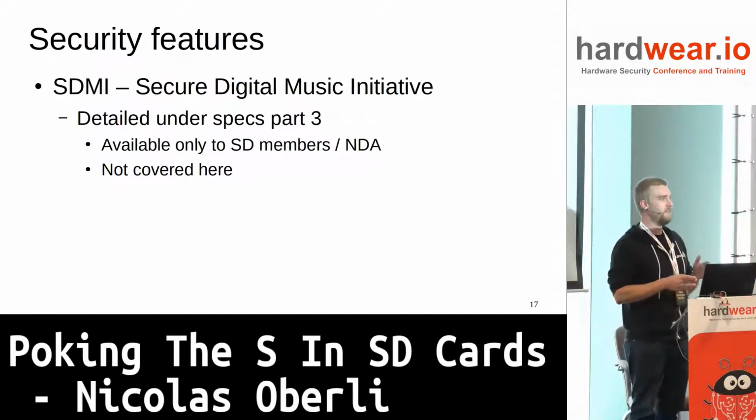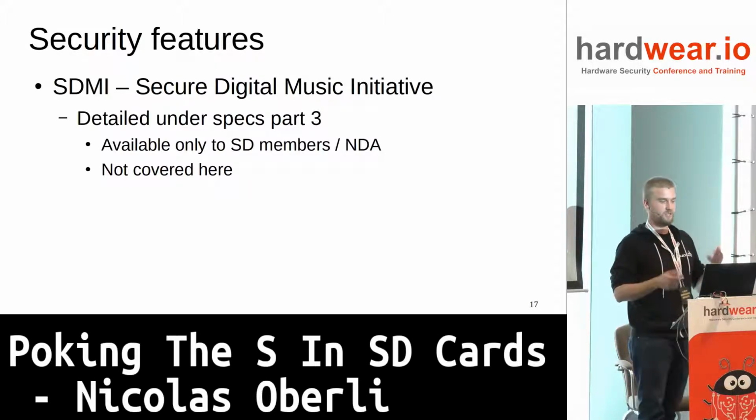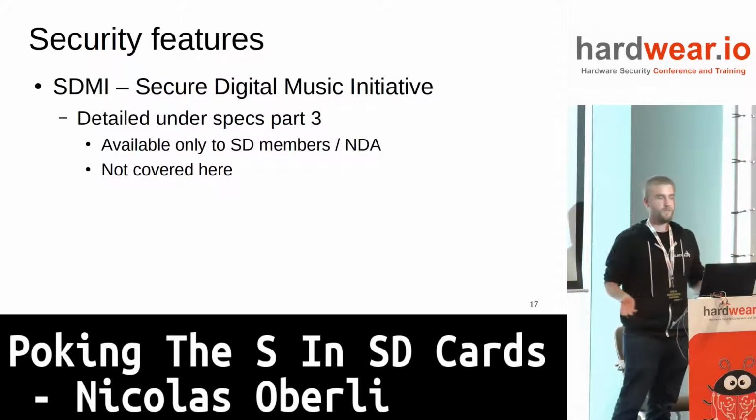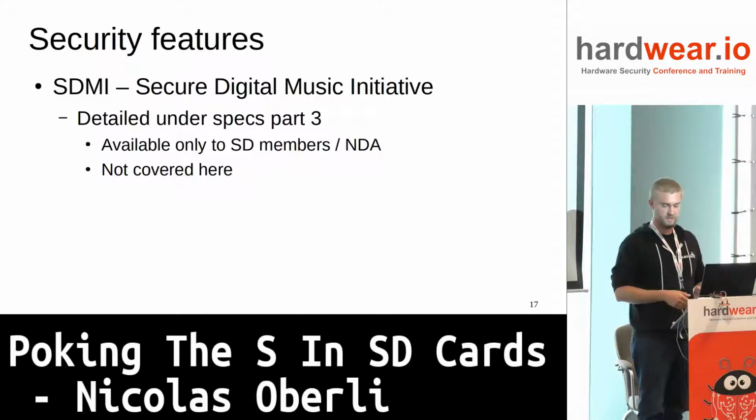And this is only available for paid customers after signing NDAs, in the file which is called SD Specs Part 3. So, unfortunately, it's not available, so this talk won't be about those specific features.